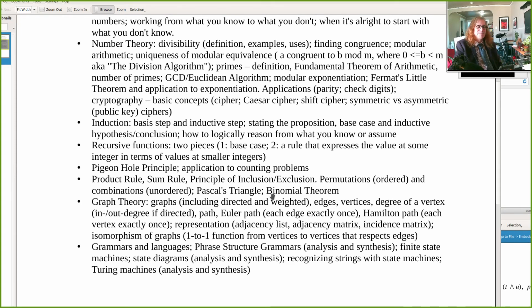Pascal's triangle, just know that it's really cool. I won't ask you specific questions about it. But, you know, if someone asks you, just say, yeah, it's cool.